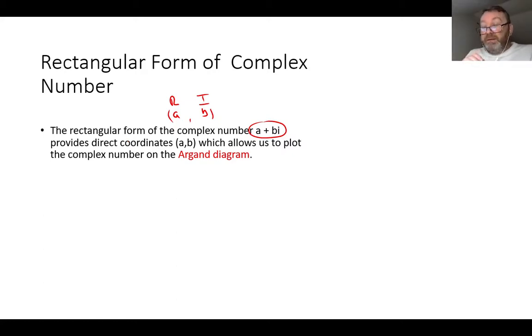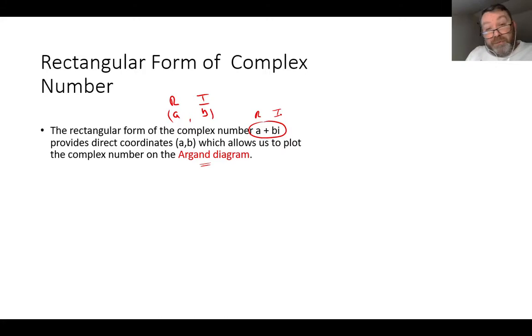Which means that the rectangular form of a complex number can be plotted on what we call the Argand diagram. We did this before Christmas, but it's just a refresher. The Argand diagram is an axis that replaces the normal x and y by the real and the imaginary. Because if you look at a complex number, the first part is the real part and the second part is the imaginary.